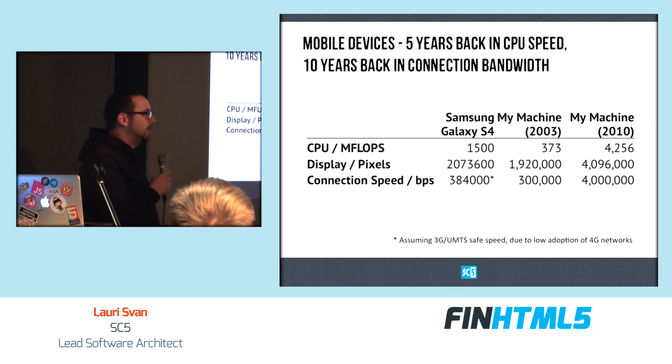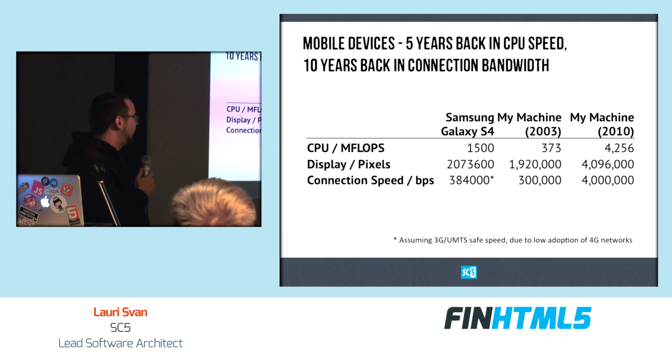But probably the other important thing, why we're talking about this, is the increase of mobile use within web applications. So I try to put things into my own personal context. The computer that I'm using today, or a couple of years back, is a pretty powerful machine. It's quite obvious that I won't be able to waste all of its resources. But even a quite modern phone is still crappier than my current computer.